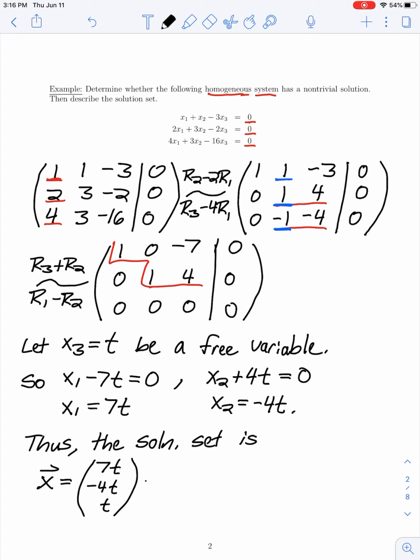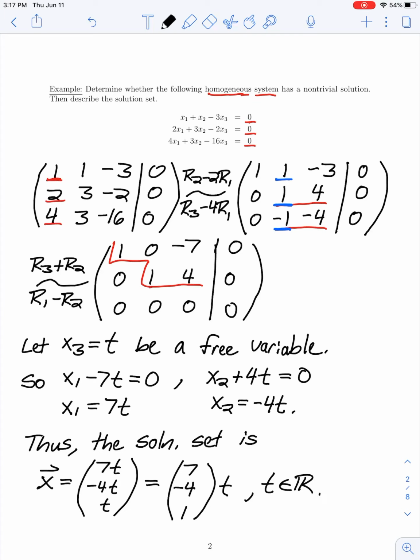Or if we want to rewrite this a little bit, we could rewrite this as the column vector 7, negative 4, 1, all times our choice of t, where t could be any real number.